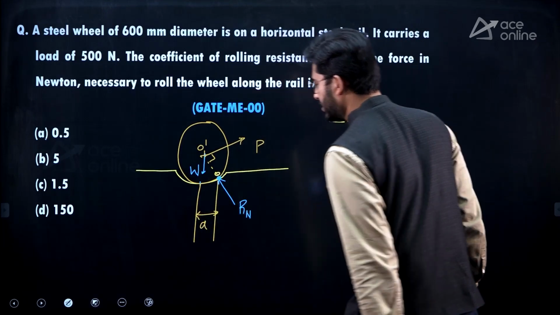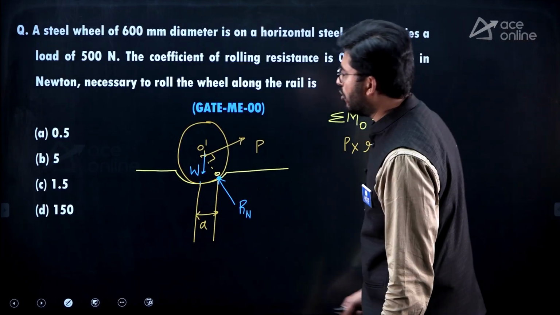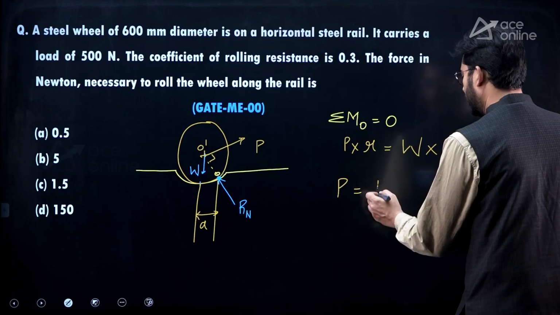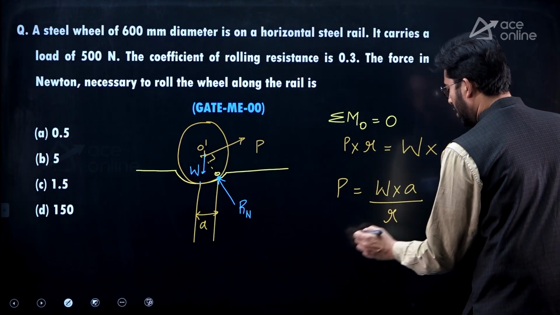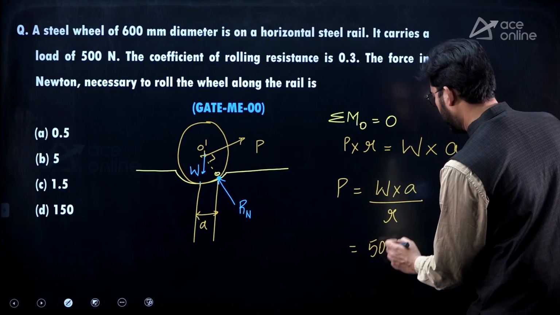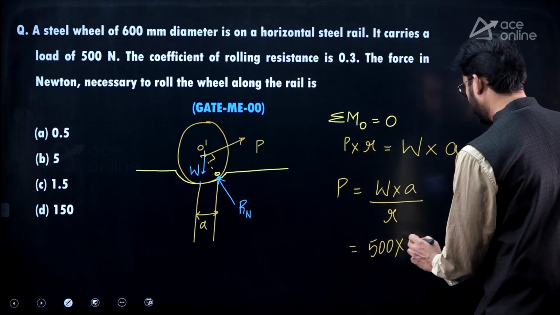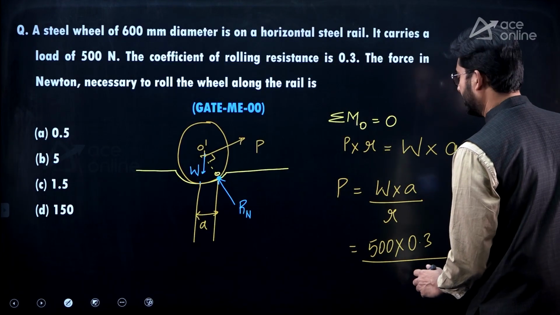So let's say this is distance A, that is W into A it will be. The force necessary to roll is dash. So P will be equal to W into A. A is the rolling resistance divided by radius. So W here is equal to 500, into A will be equal to 0.3 divided by R, which is 300 mm.